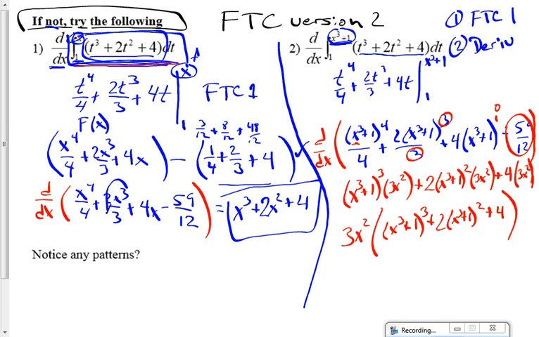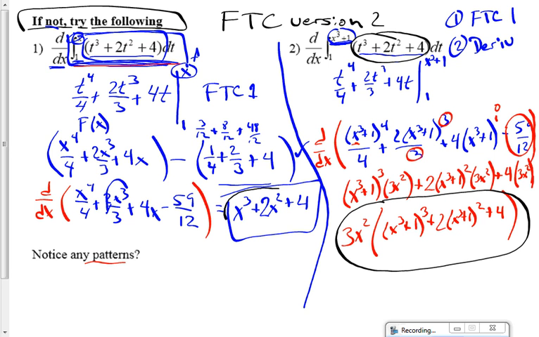What's the pattern? How is the answer we got here related to this and this and this? Anything jumping out at you? I want a shortcut now because I don't want you to have to go through that every time.